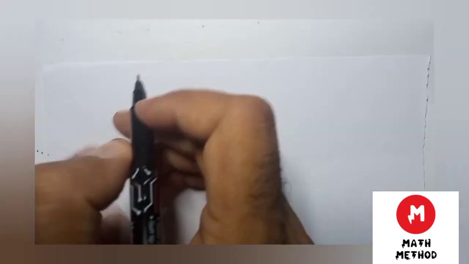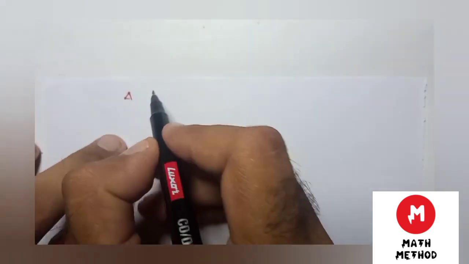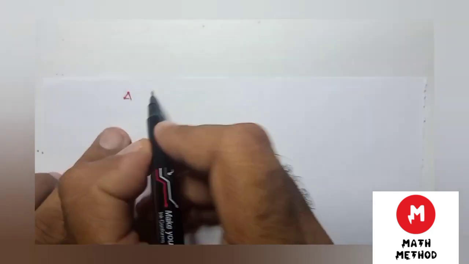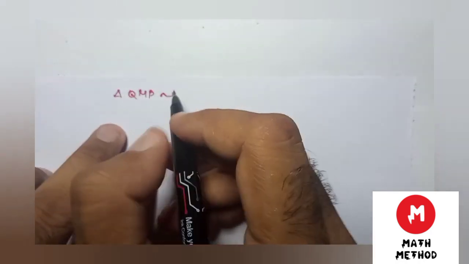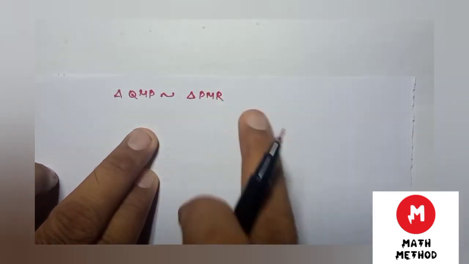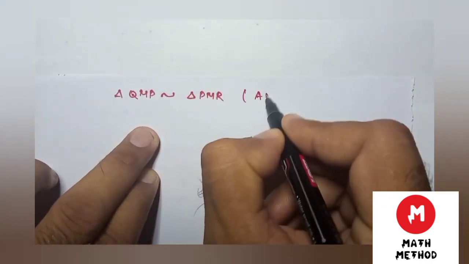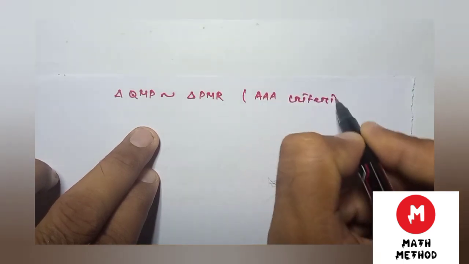So we found that both triangles are similar, or we can say that triangle QMP is similar with triangle PMR. This is also AAA criterion. Clear?